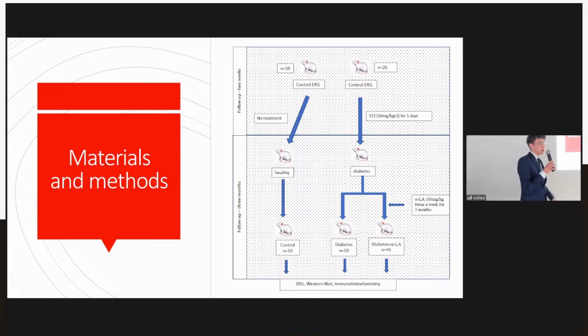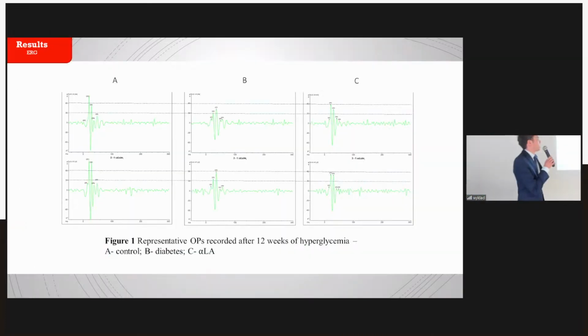electroretinography was also regularly performed. So here you can see the results of electroretinography. In each column, you have two graphs. First graph is for right eye, and the second one is for left eye.